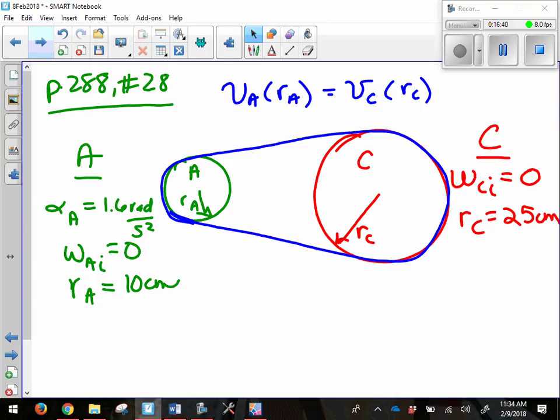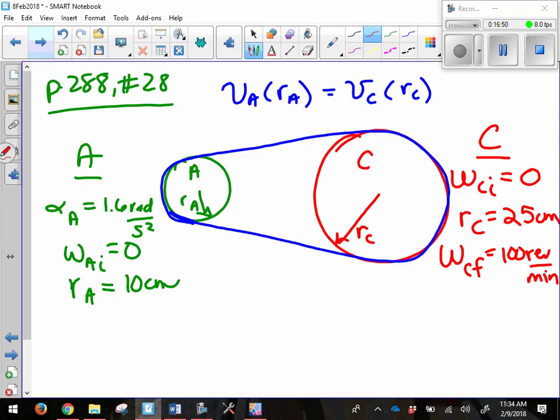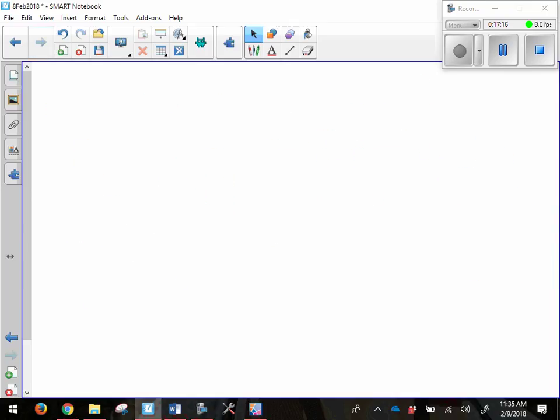What so? Okay, so we're probably going to have to convert that. At least convert the revolution part, because I really can't mix revolutions and radians. And actually, I'll have to do the minutes too, because I've got radians per second over here for the acceleration. Sure. So we'll take a little side trip.